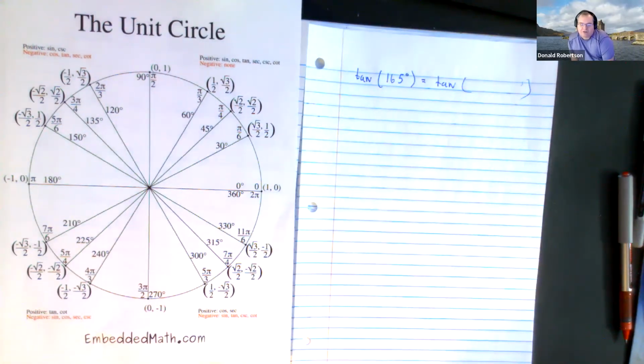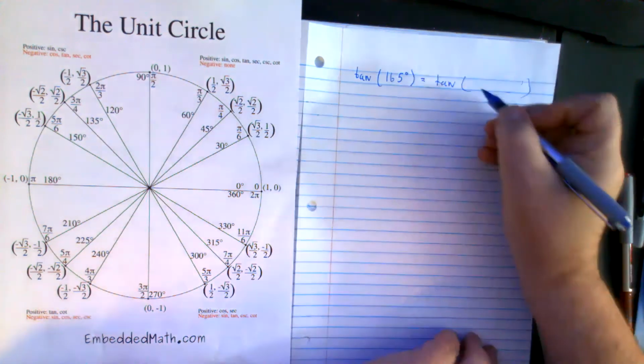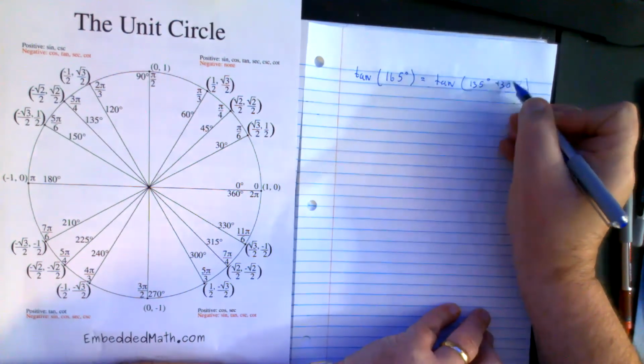Two things added or subtracted that get you a tan of 165. I've got one. 135 plus 30. Okay, that'll work.